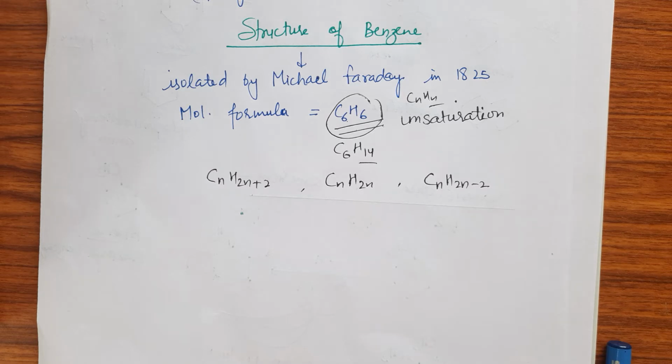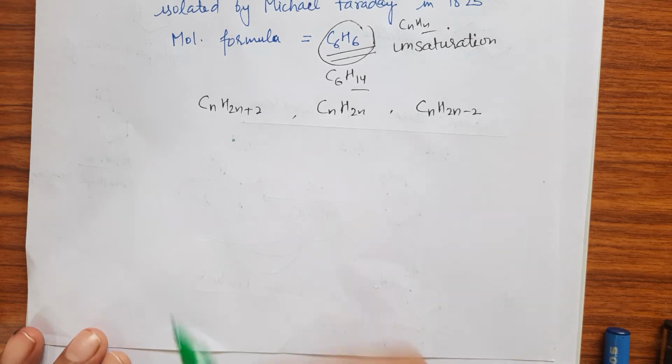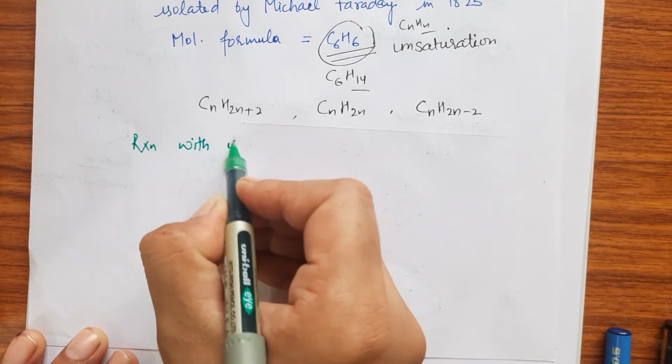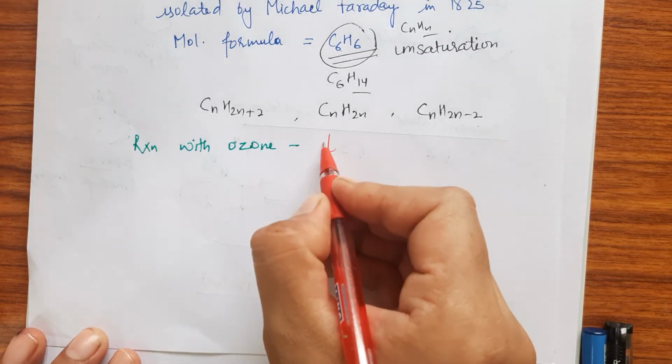It is highly stable, which shows that it has some different structure, and it took several years to study its structure, right? So benzene was found to be one of the most stable molecules, and it was found that when we do the reaction with ozone, it forms triozonide.